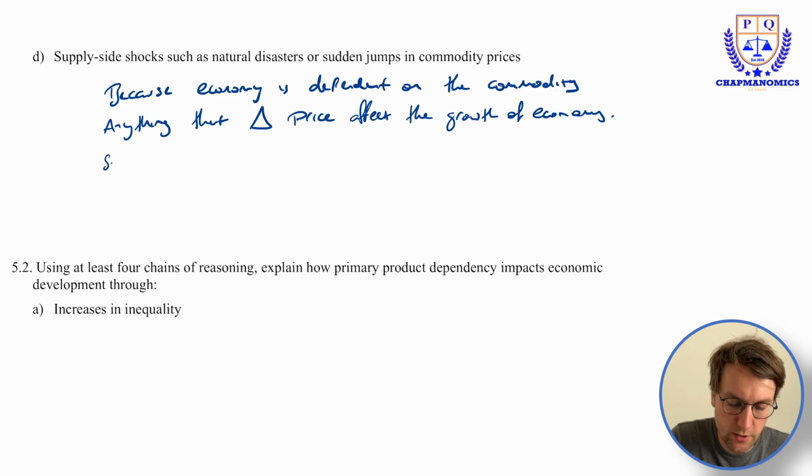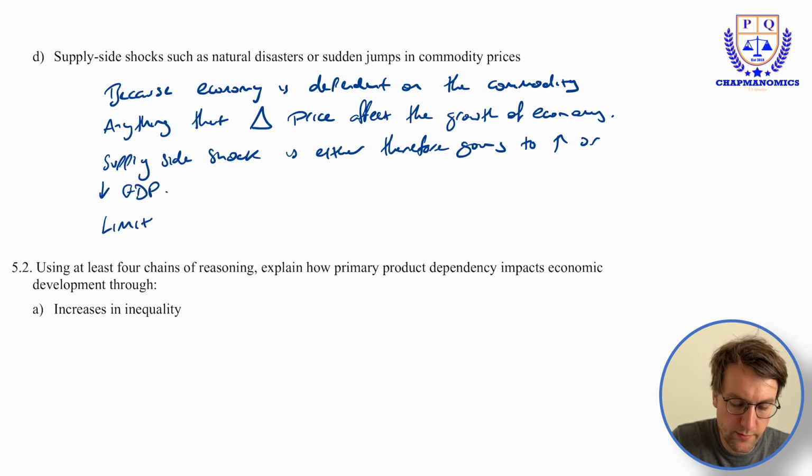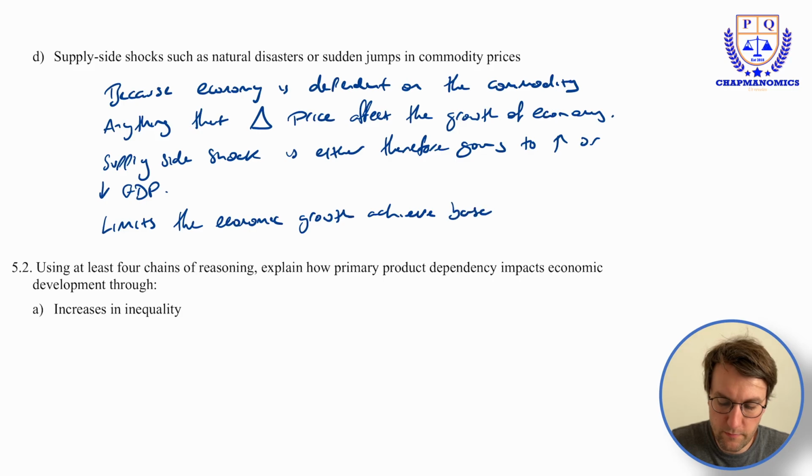So a supply side shock is therefore either going to increase GDP or decrease GDP, depending on whether it's a positive shock or a negative shock. And therefore, this kind of limits the economic growth you can achieve based on the price of one commodity.